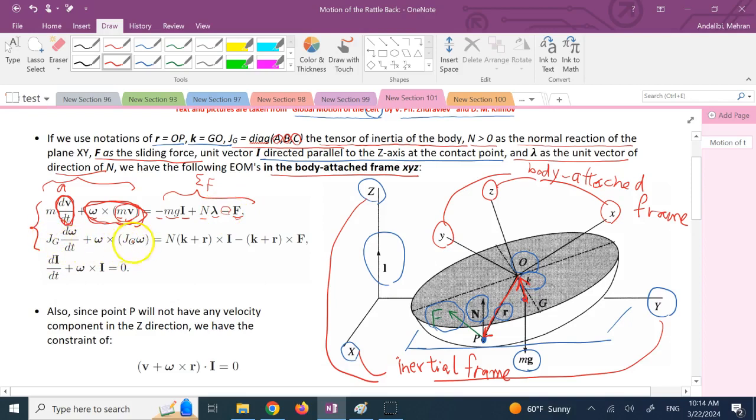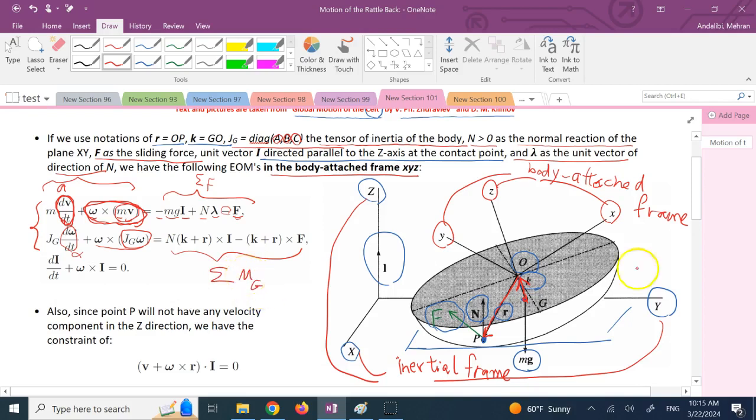And for the rotation, we have I times omega dot, or I times alpha, plus again this angular momentum Jg omega. It has a variation due to these three axes rotating, and that is omega cross that. So this whole thing equals the summation of the torques or moments about the centroid.